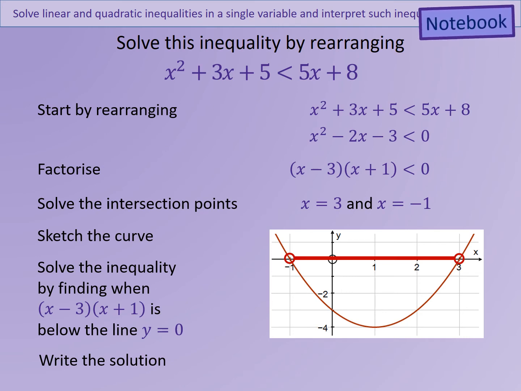So again, the solution to this question would be all values of x between -1 and 3, but doesn't include -1 and 3 for the same reasons as we said on the previous slide. So there is my final answer. Not coincidentally, of course, the same as the previous slide.